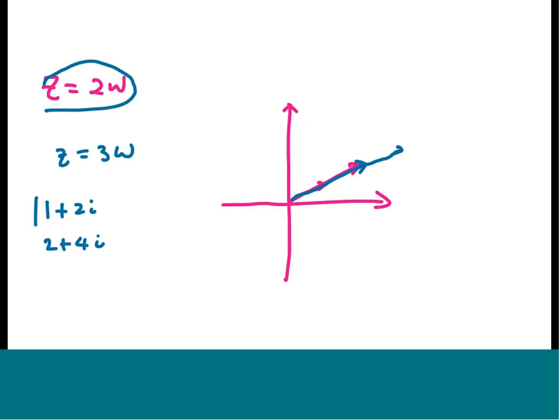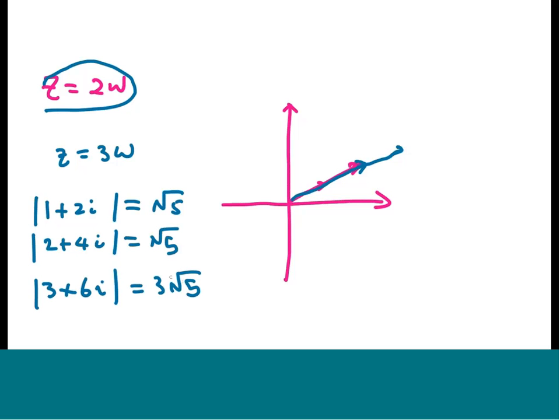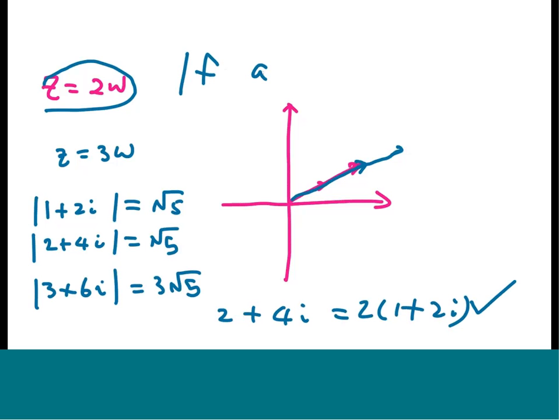So this one, the absolute value equals the square root of 5. This one, the absolute value equals 2 times the square root of 5. So add up together, 3 plus 6i, then the absolute value is 3 times the square root of 5. So this one holds because 2 plus 4i equals twice 1 plus 2i. Okay? So this is the if and only if. This is very, very important.